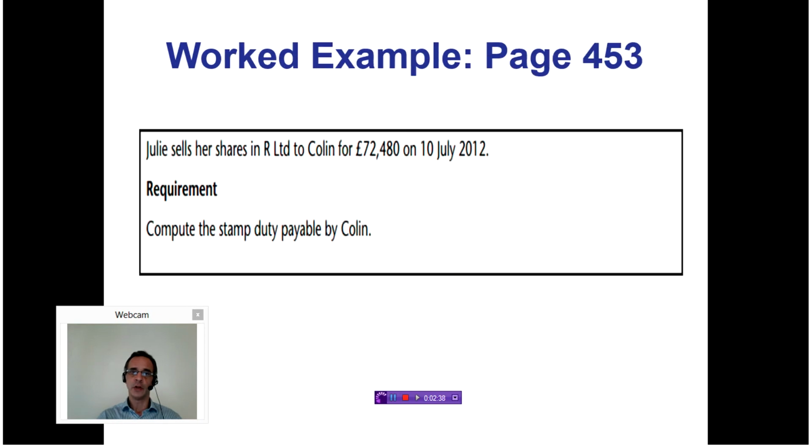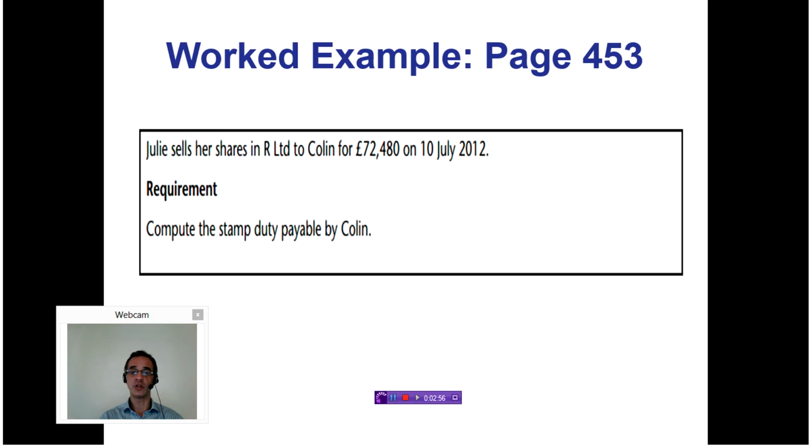So, a worked example here: we have someone transferring shares in an unquoted company to another person at the value of £72,480. The question simply requires you to calculate the stamp duty payable.